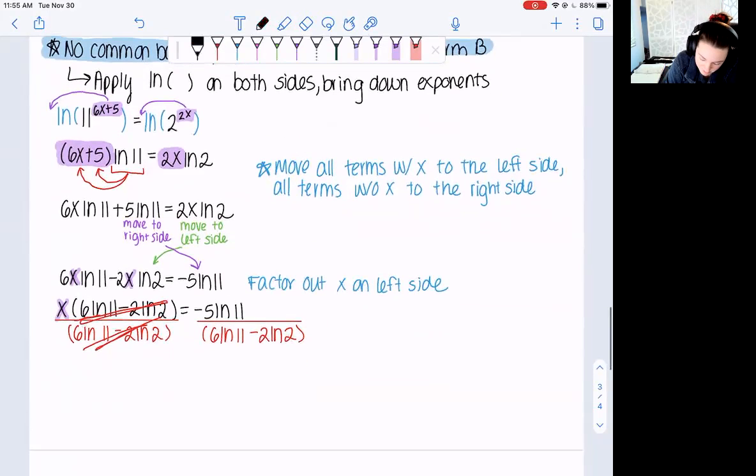And that gives you x completely by yourself. So we have x is equal to negative 5 ln 11 over 6 ln 11 minus 2 ln 2.